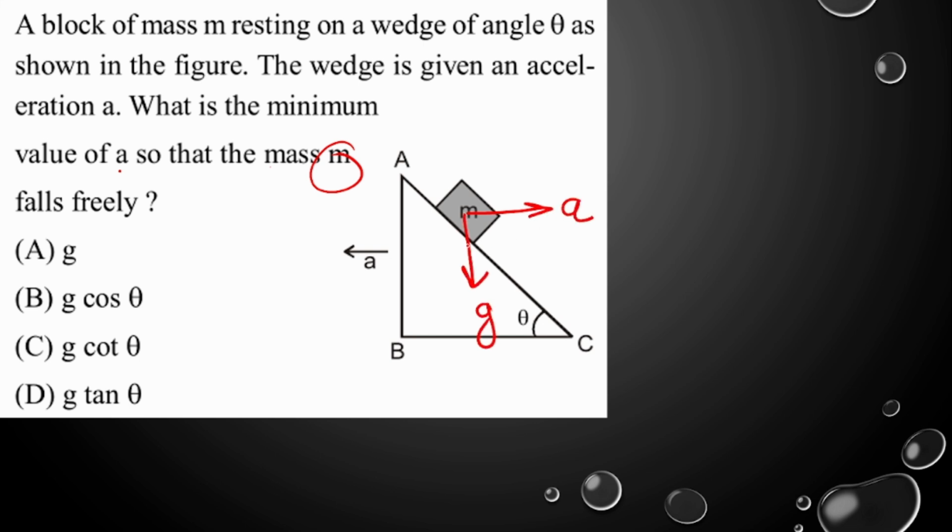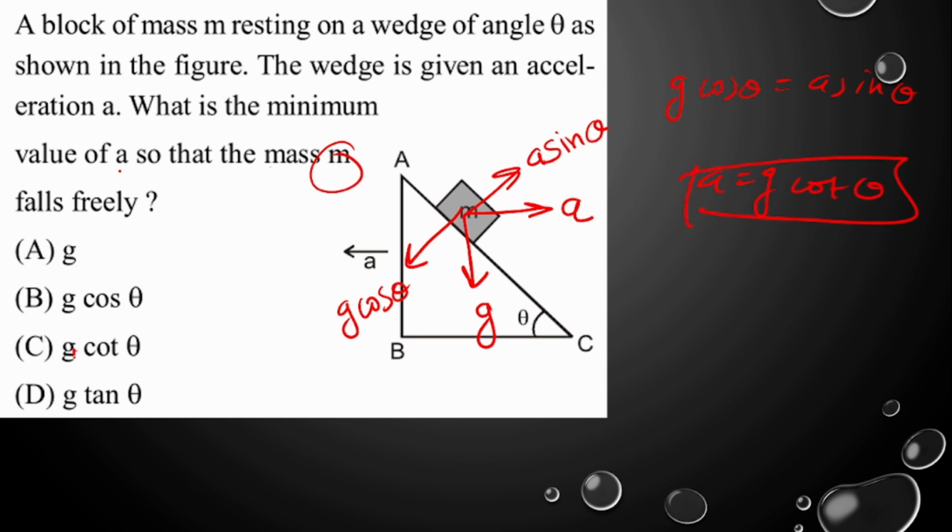This is g, this is g cos theta, this is a sin theta, and for free fall the normal must be 0. So we can write g cos theta equals a sin theta, and from here a equals g cot theta. Acceleration is g cot theta.